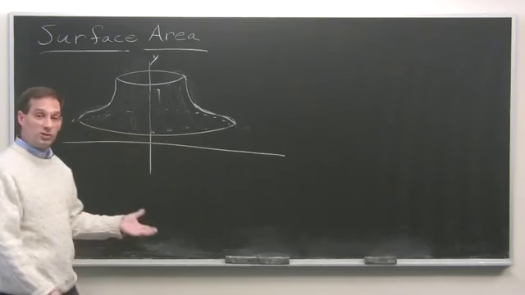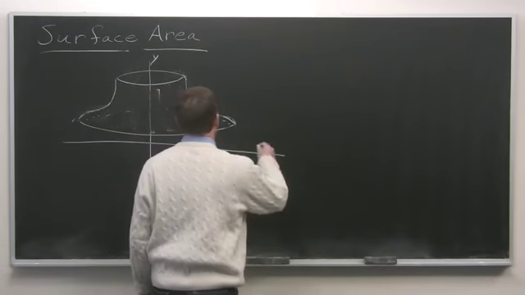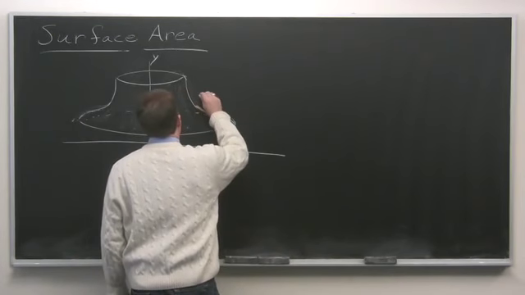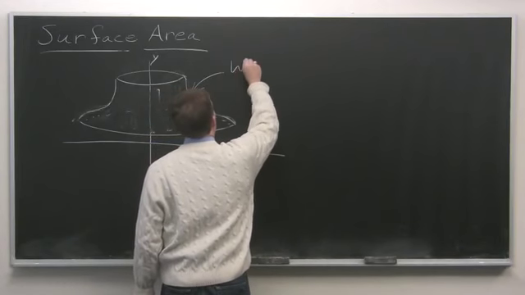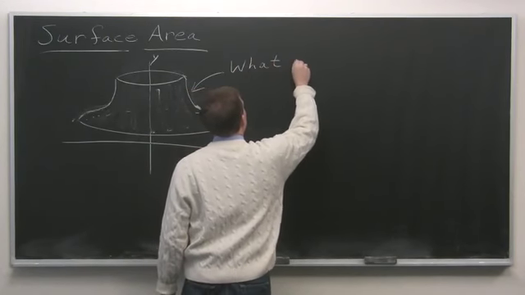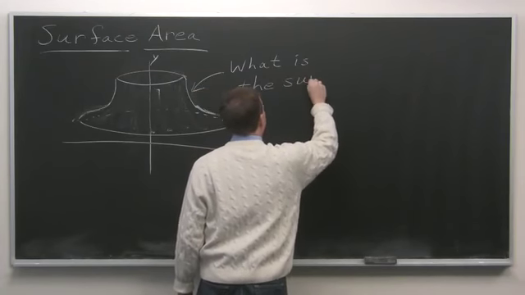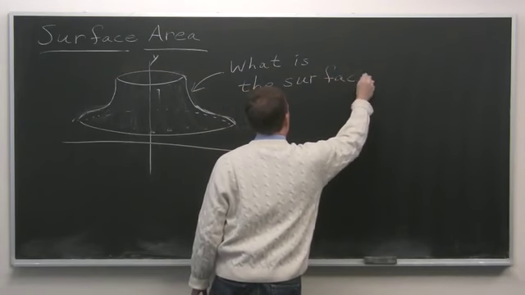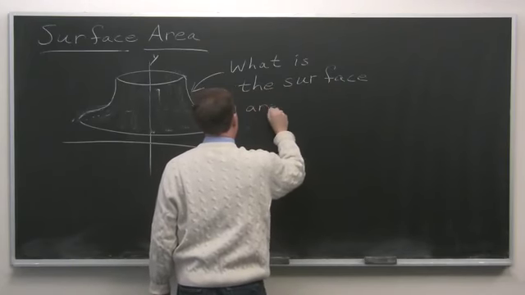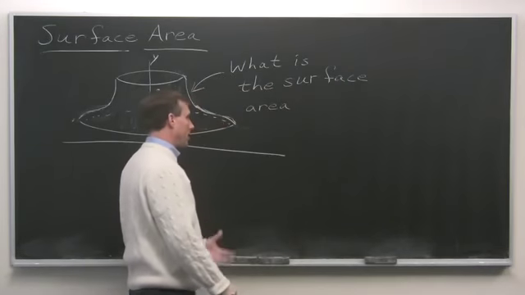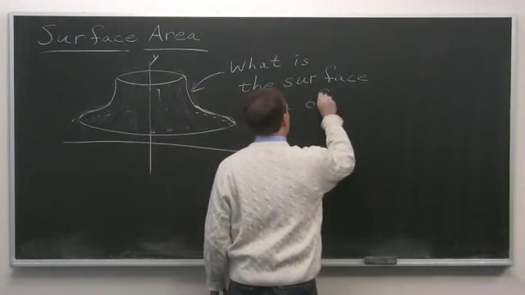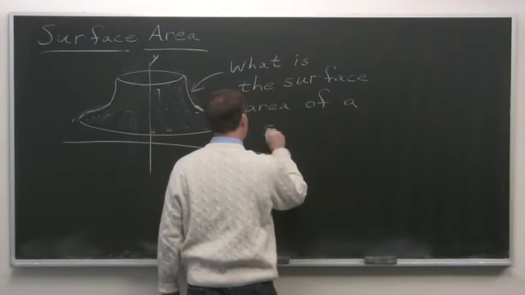And the question is, what's the surface area? How do you find surface area? So we want, what is the surface area? Or you could just say area of a surface of revolution.